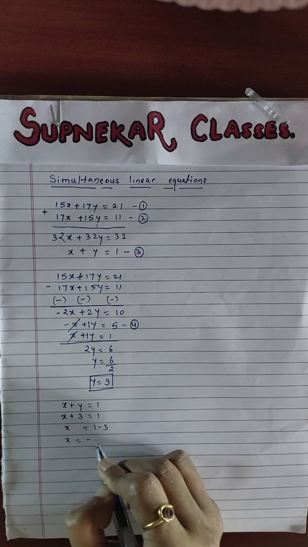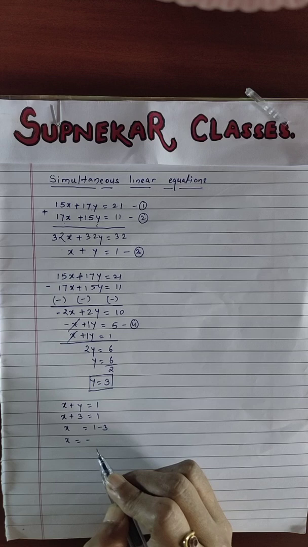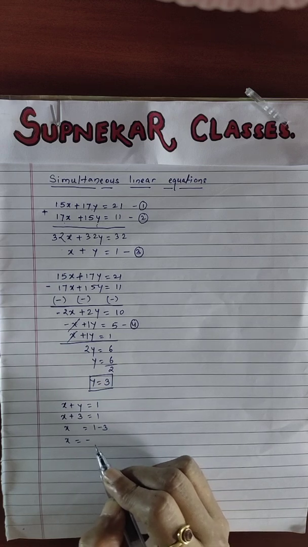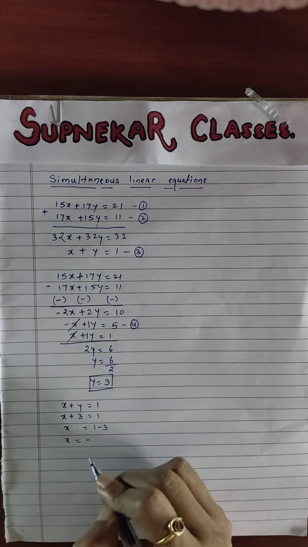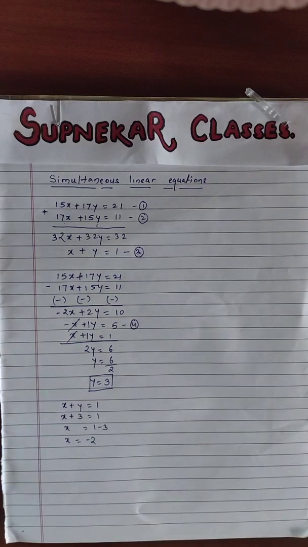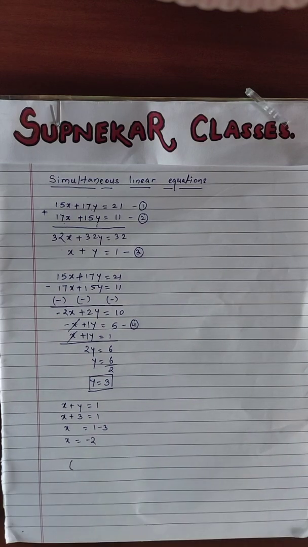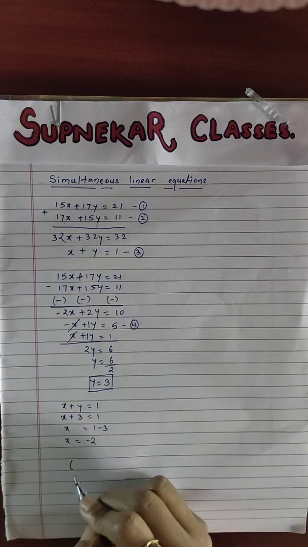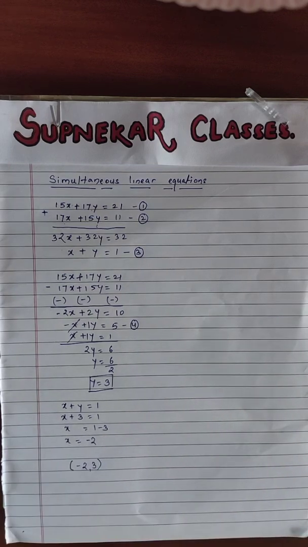So for the value of x, again 1 has a positive sign, 3 has a negative sign. Again, if one sign is positive, one sign is negative, we have to subtract the smaller number from the greater number, and put the sign of the greater number. So here it will be minus 2. As I have told you earlier, always put the answer in brackets. First write down the value of x, so it will be minus 2, and then the value of y, so it will be 3. In this way the whole sum will be solved and you will get full marks.